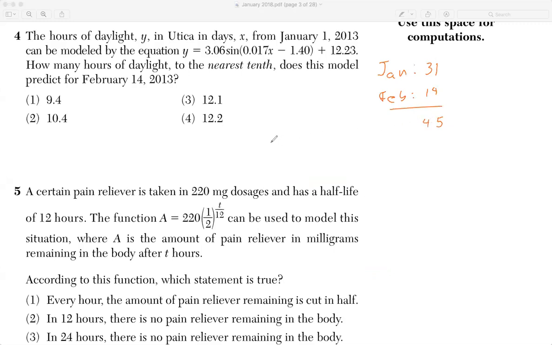So essentially all we need to do is, in a calculator, substitute 45 for X. So that's what you're going to want to put in a calculator. Let's do this.